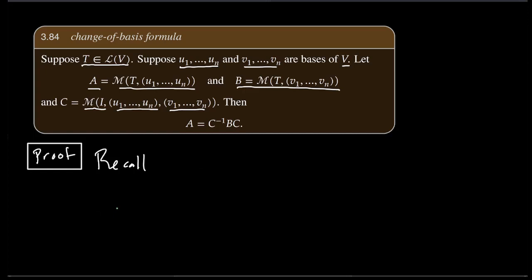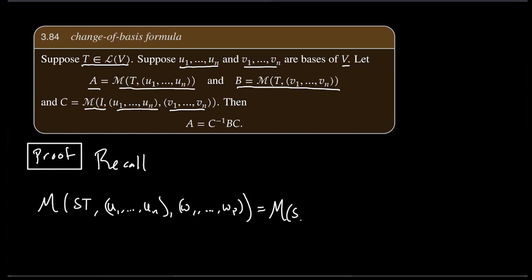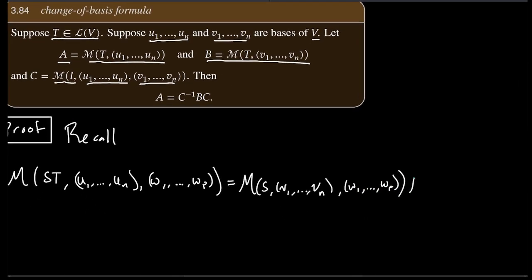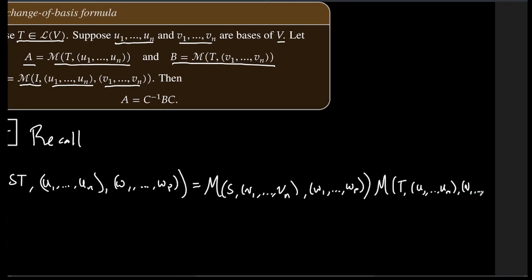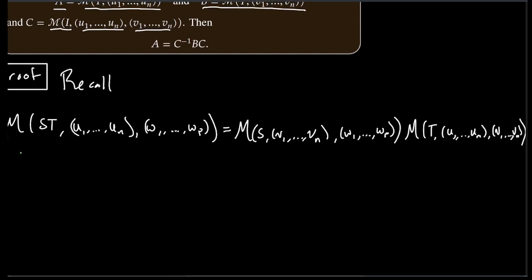Recall that we just said, we didn't do the proof of this, but it's straightforward, just from definition chasing, that the matrix M of ST with respect to U1 through UN and W1 through WP, and I'm not using the same U's and V's at the moment, is equal to the matrix of S with respect to V1 through Vn and W1 through WP, times the matrix of T with respect to U1 through UM and V1 through Vn. Long.